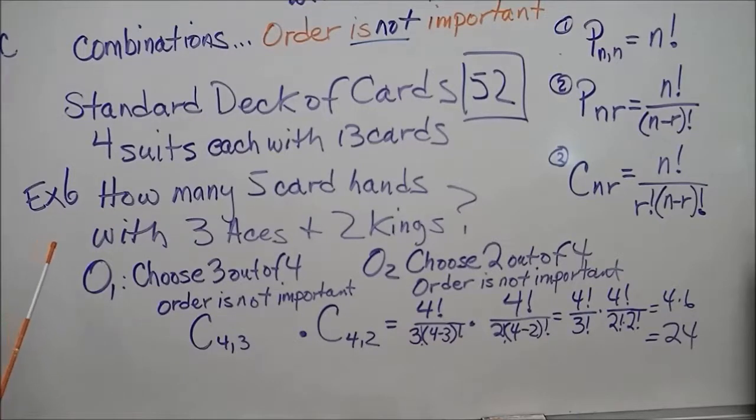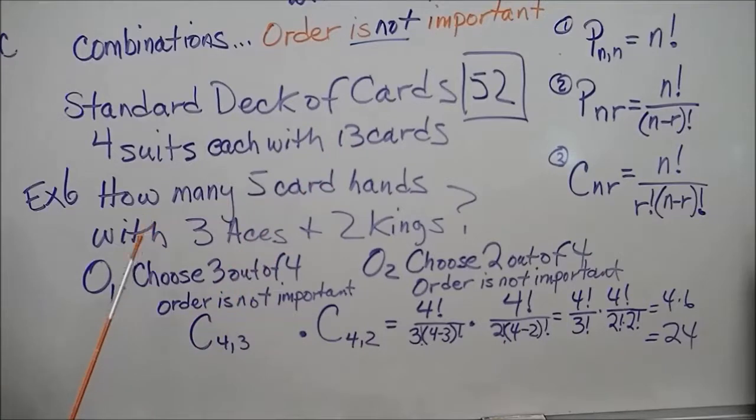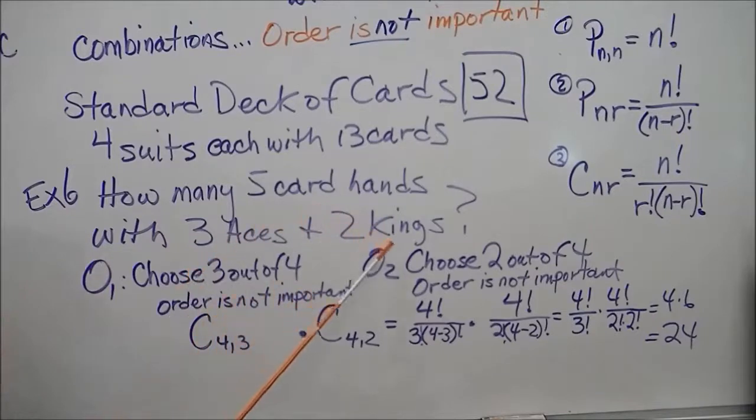Okay. Now, in example 6, it was sort of interesting. They're talking about how many 5-card hands, that is, the cards you're dealt, with 3 aces and 2 kings, if you had the 4 aces to choose from and the 4 kings to choose from, not the whole deck of 52.